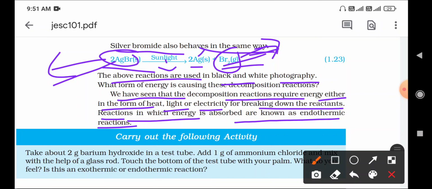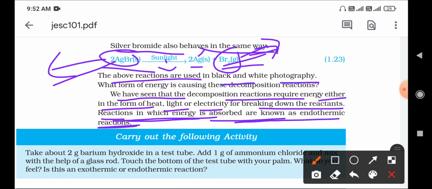In the earlier class we studied what an exothermic reaction is. The reaction in which heat is released along with the formation of product is called an exothermic reaction. Another term is the endothermic reaction. A reaction in which energy is absorbed is known as an endothermic reaction. This is very simple.